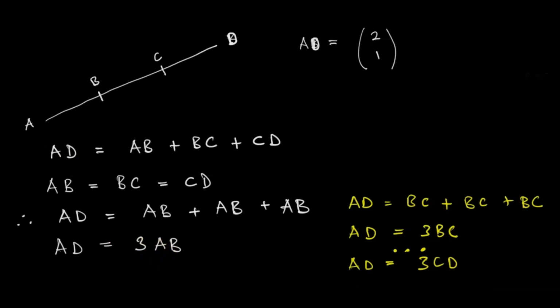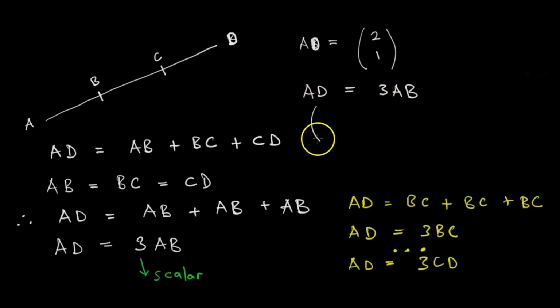So again, this 3 is going to be our scalar. It is a number multiplying a vector. If we write the statement, AD is equal to 3AB, like this.